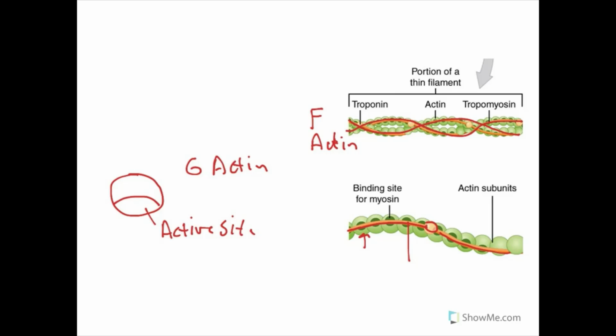Tropomyosin is one of the major proteins that regulates the myosin-actin interactions. Along with that is the protein here called troponin. Troponin has three individual subunits that I'm going to talk about later on in this video, but troponin and tropomyosin regulate actin and myosin's interactions to regulate a muscle contraction.